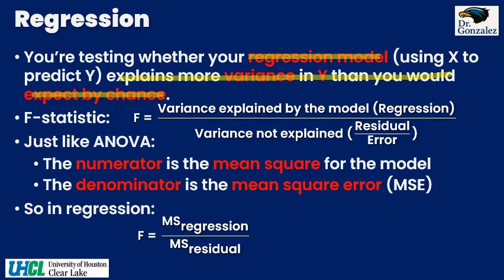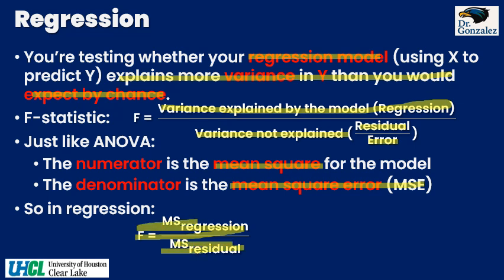So here's your F statistic. So you have variance explained by the model, regression, over the variance that's not explained, which is basically your residual divided by error. So your numerator is the mean squared for the model, and the denominator is the mean square error. So basically, in regression, that F statistic is calculated with this formula right here.